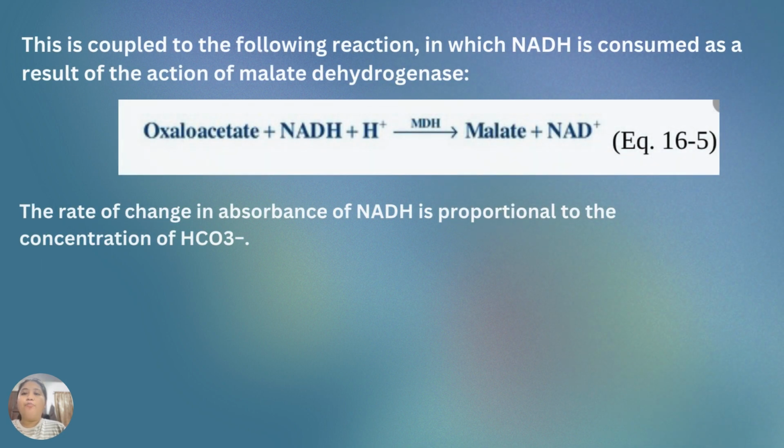This is coupled to the following reaction in which NADH is consumed as a result of the action of malate dehydrogenase. The rate of change in absorbance of NADH is proportional to the concentration of bicarbonate, which is shown in equation 16-5.